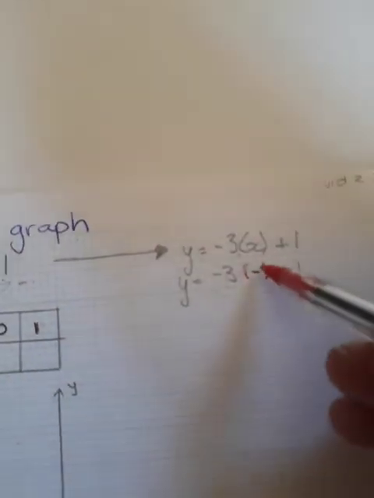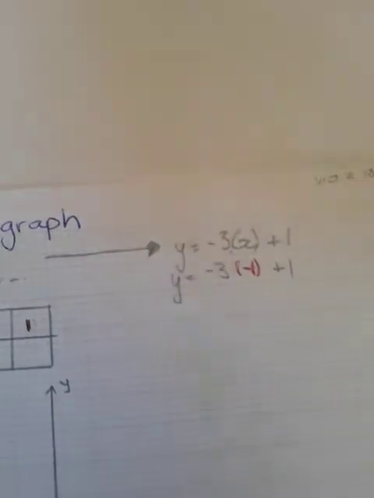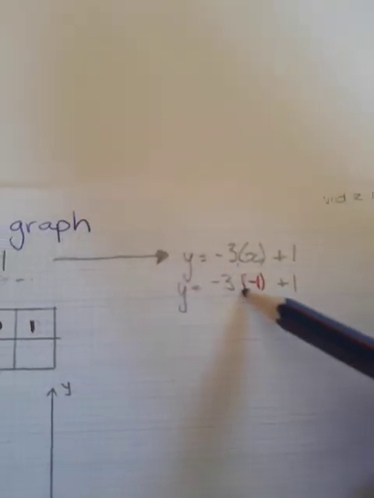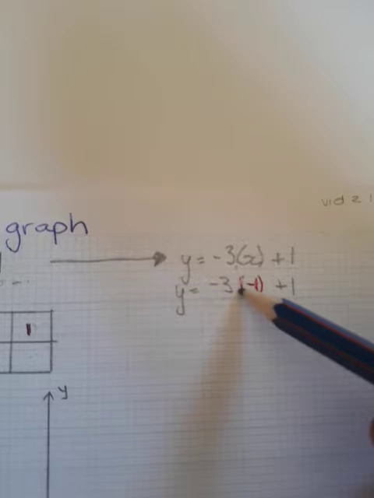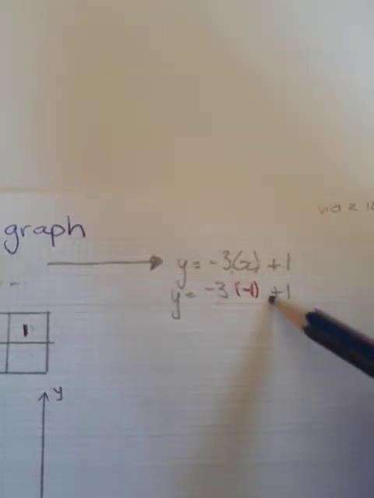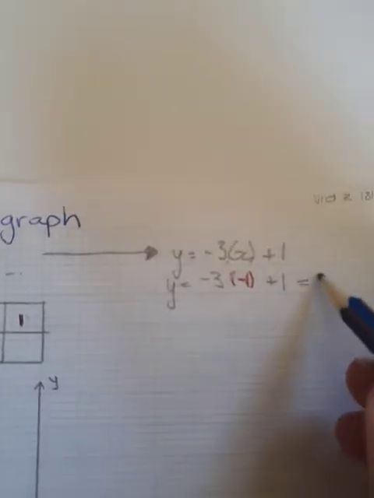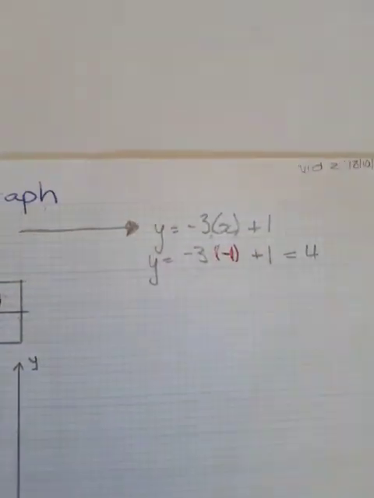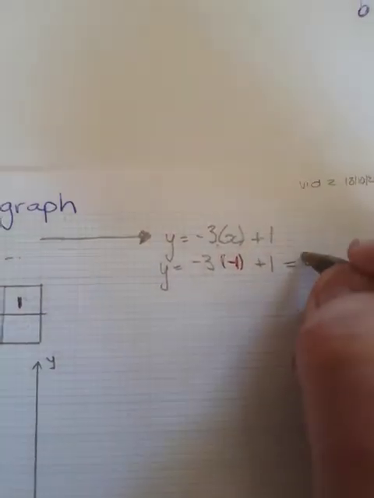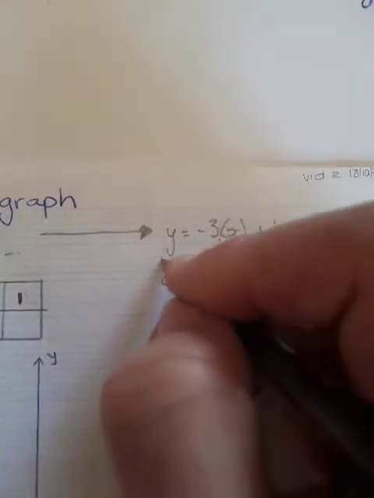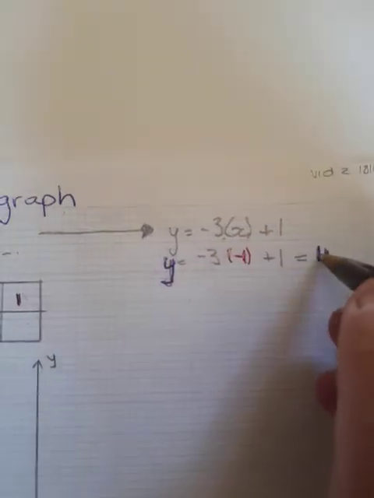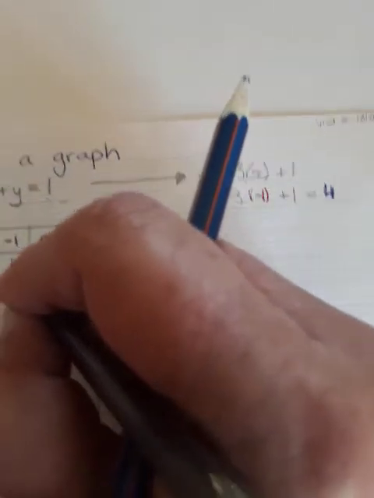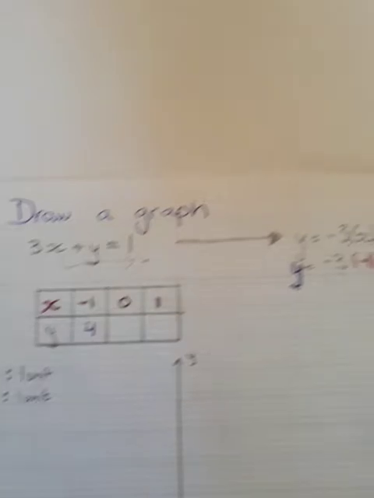Negative 1 times negative 3 is positive 3, plus 1 equals 4. And this 4, people, gives you your y coordinate, because y equals 4. So that is my y coordinate.